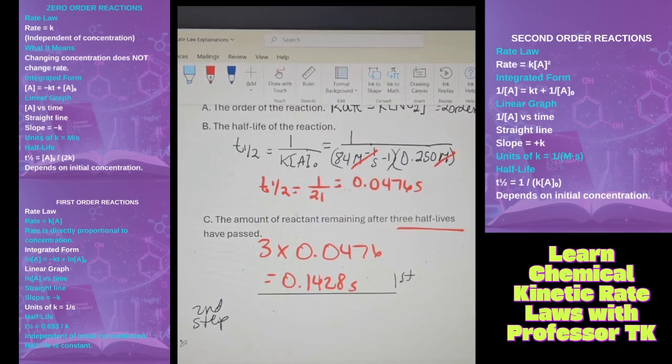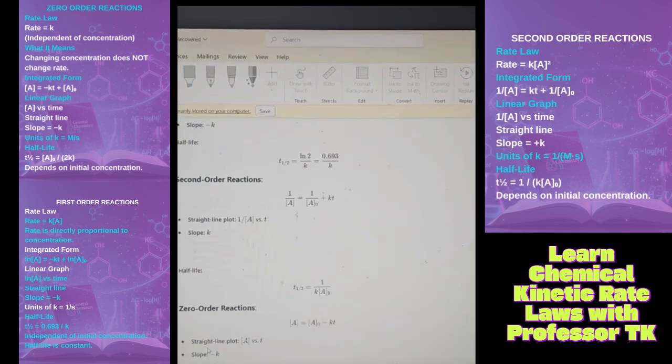Okay, so the second step is to apply the second order formula of the integrated rate law. Okay, so that's 1 over A equals, and again, if you forgot the formula, let me show it to you, because again, as a visual student, you got to still see it. It's 1 over A equals 1 over the initial concentration plus K times T. There are only 2 on here that deal with subtraction, but there is only one that's positive, and that's the second order one.